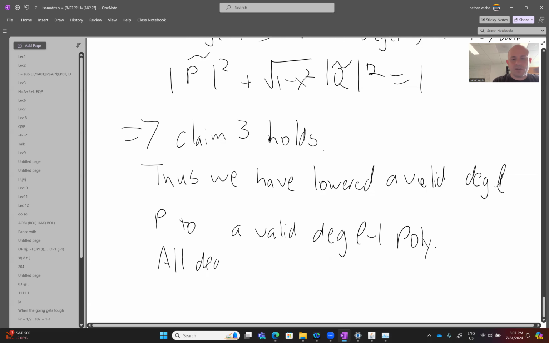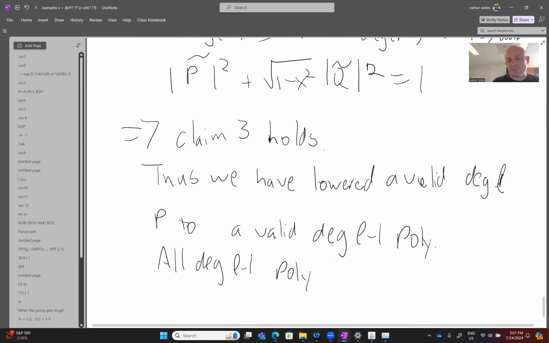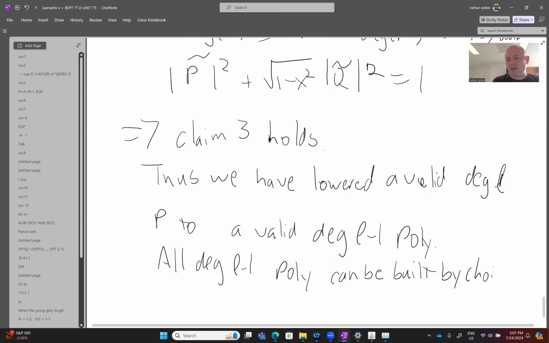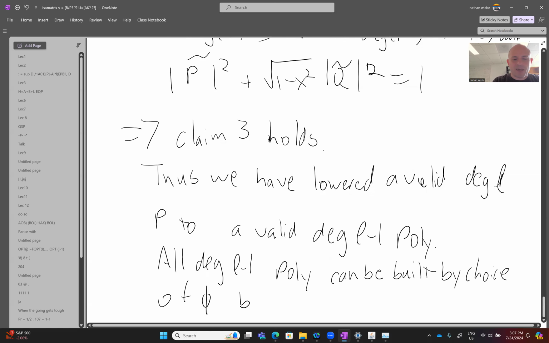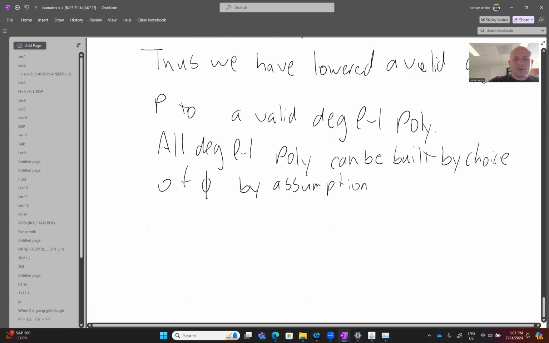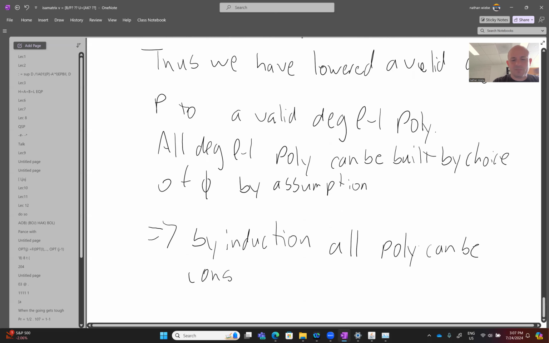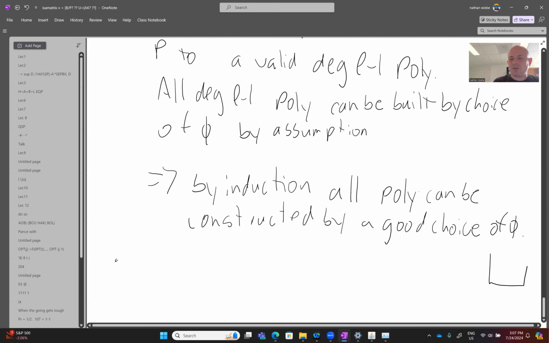All degree L minus 1 polynomials can be built by a choice of phi by assumption, and therefore by induction, all polynomials can be constructed by a good choice of phi. Okay, and this implies that our proof is complete.